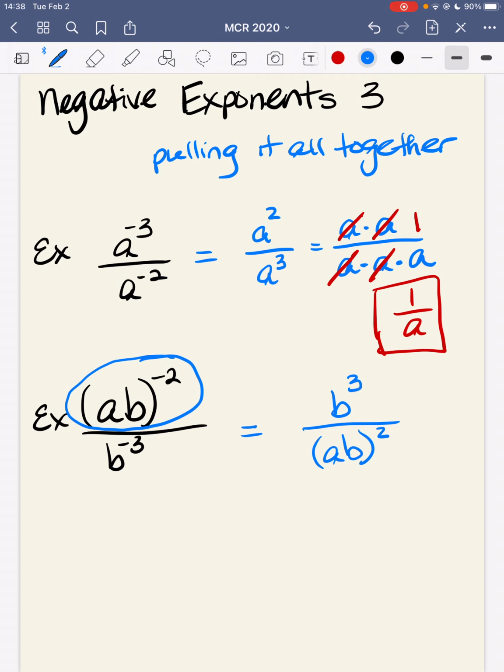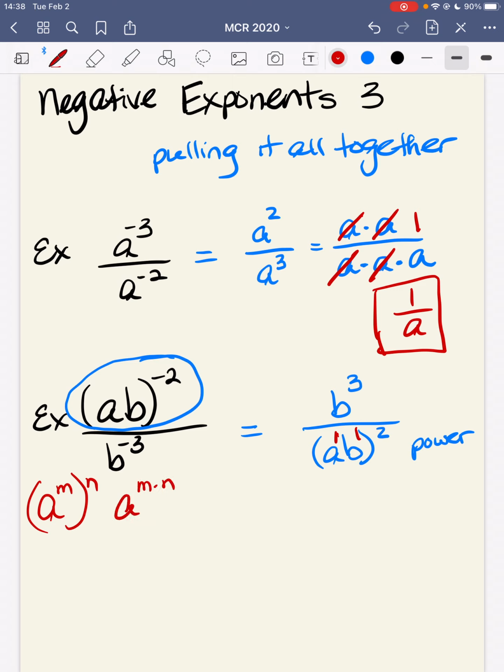Okay, I can't do anything yet, even though it's tempting with the b's. I need to go ahead, and this is now the power rule, and I need to go ahead and get rid of those parentheses. So remember that these exponents are 1, and if I have a base to a power multiplied by another power, I multiply those exponents.